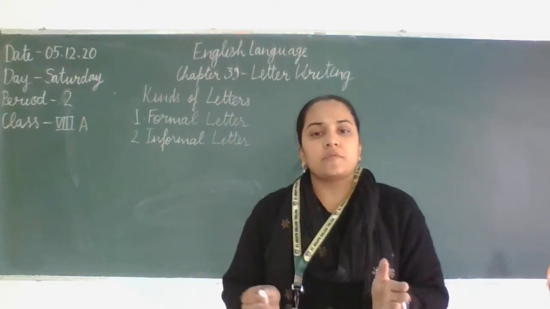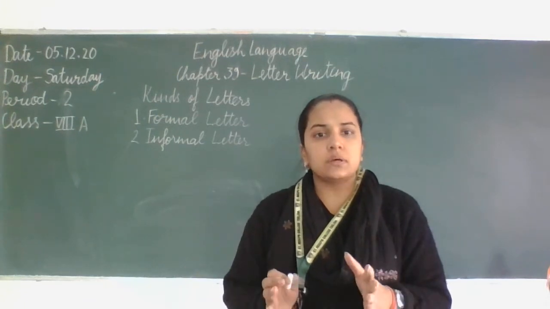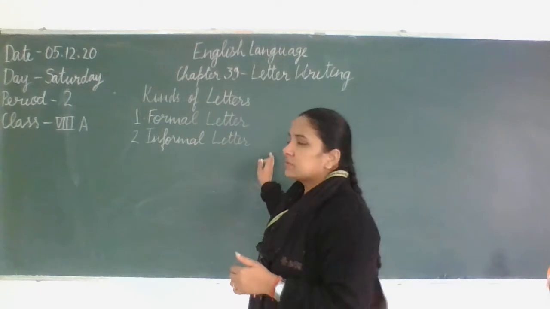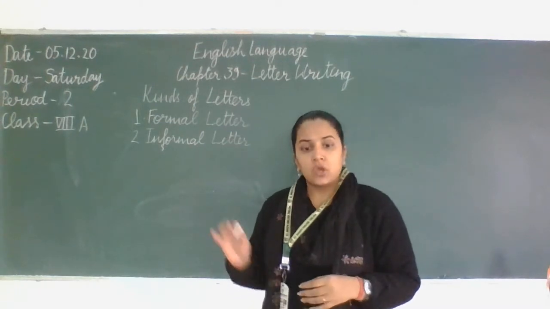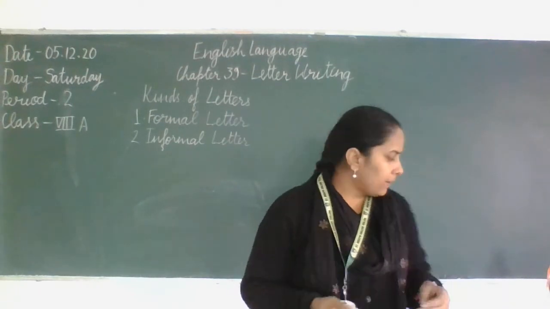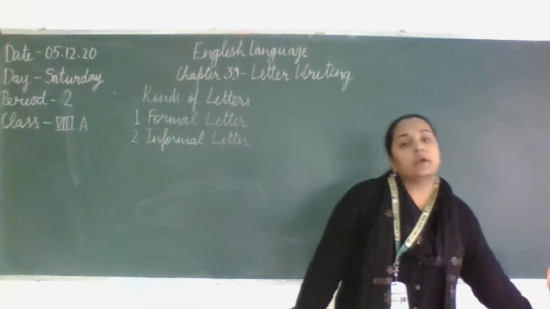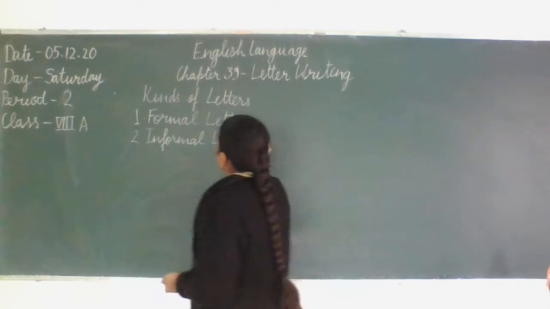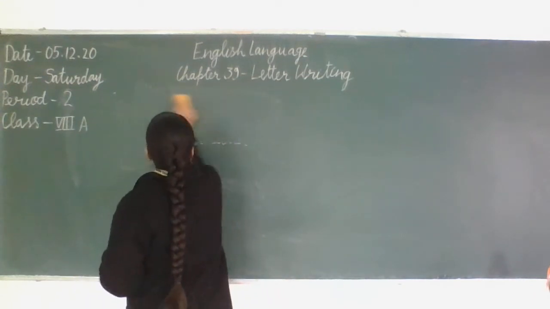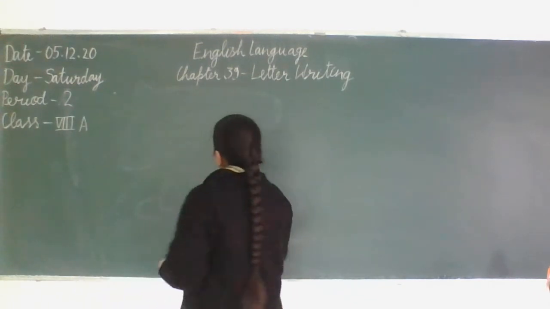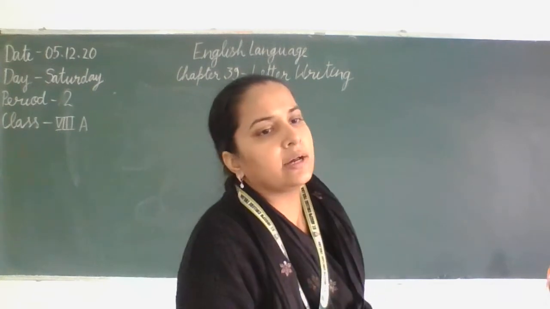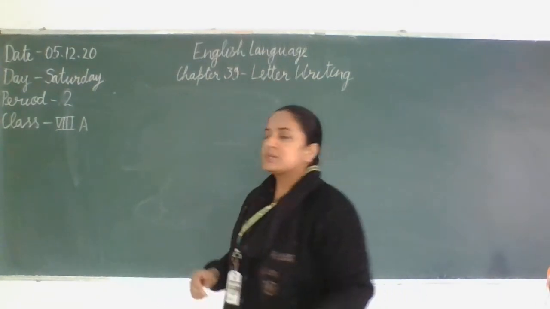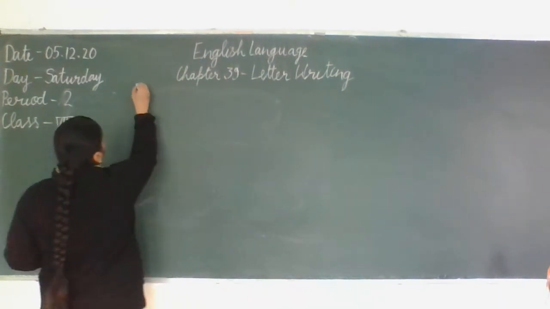But these are some of the common types in which we write the formal letter. So today we will discuss the layout or the format of the formal letter. All of you must have read it in your earlier classes also, so just a revision.